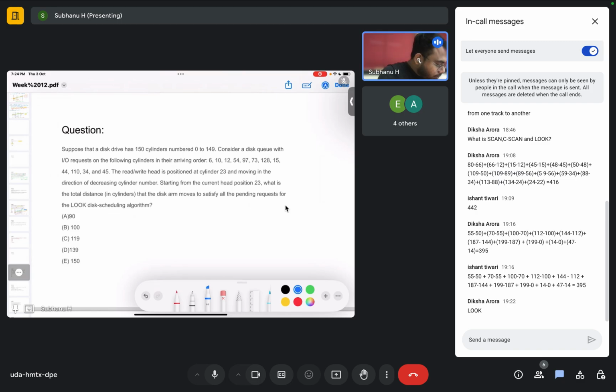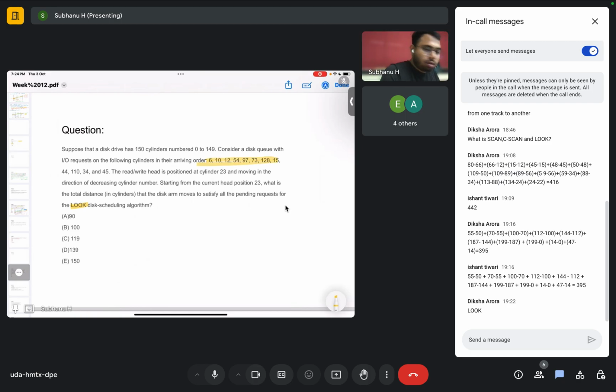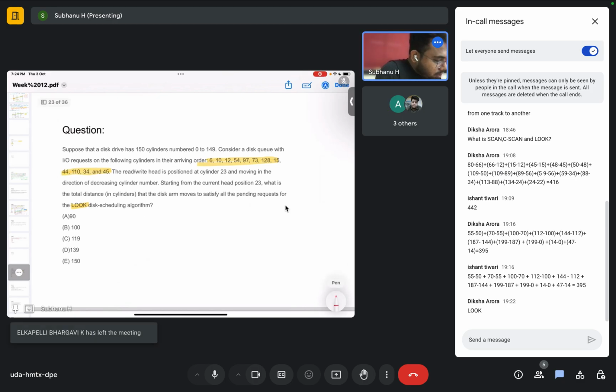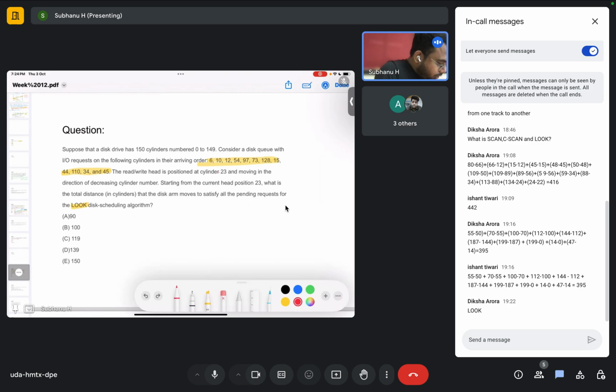So can you solve this question on Look? So we have 6, 10. So these are the requests. You are starting from cylinder 22. Sorry, we're starting from cylinder 23, the current head position 23.